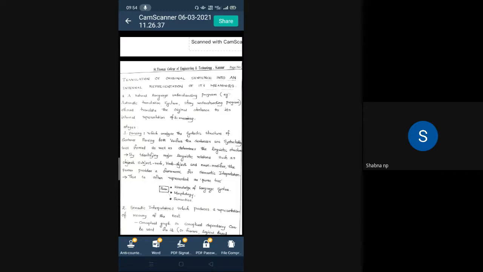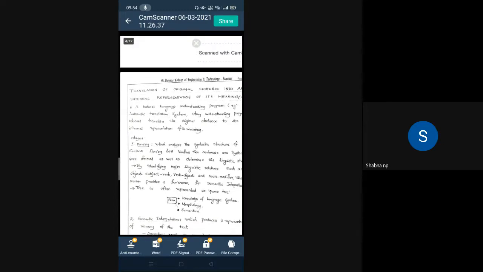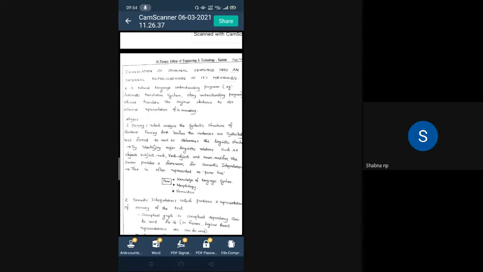You already know what is meant by parsing, which analyzes the syntactic structure of the sentence.